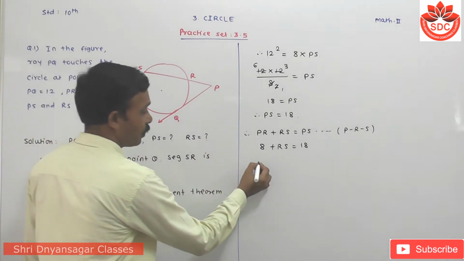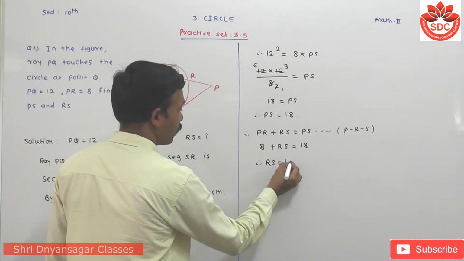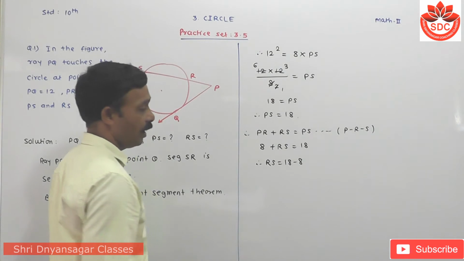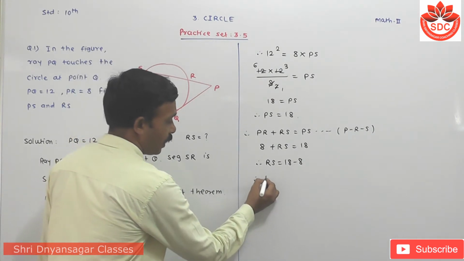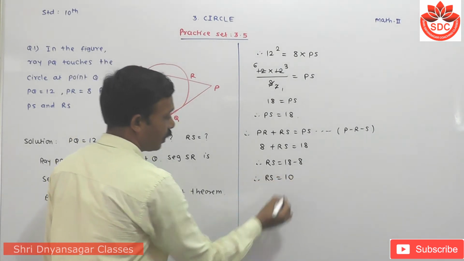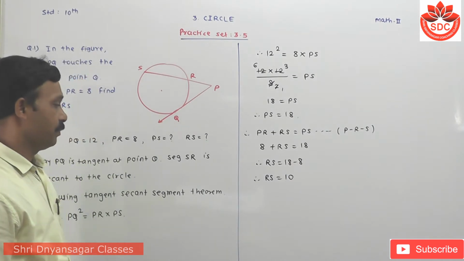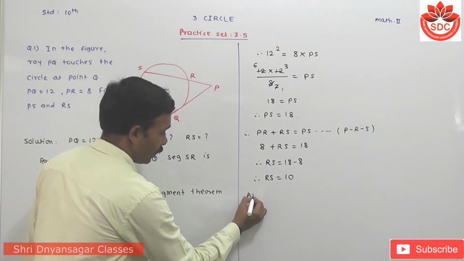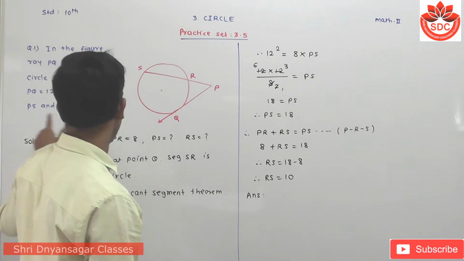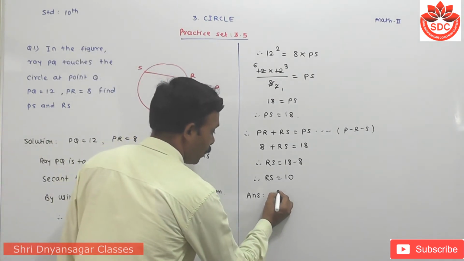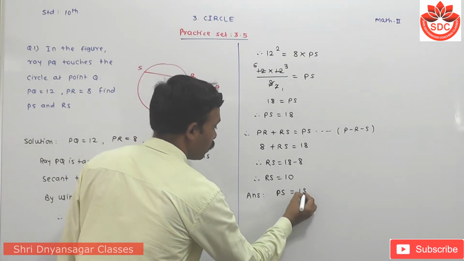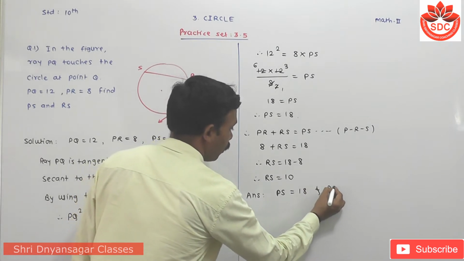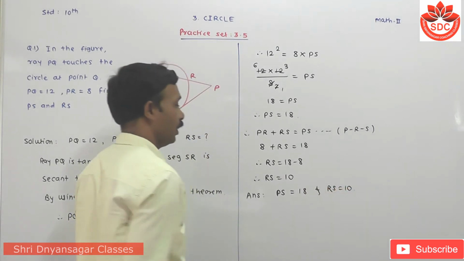Transposing 8 to this side, RS is equal to 18 minus 8, which is 10. Then the answer in a full sentence: we have to find PS and RS. The value of PS is 18 and the value of RS is 10.